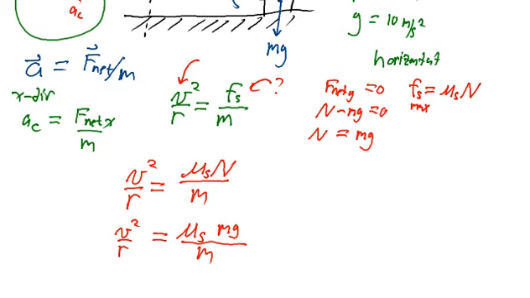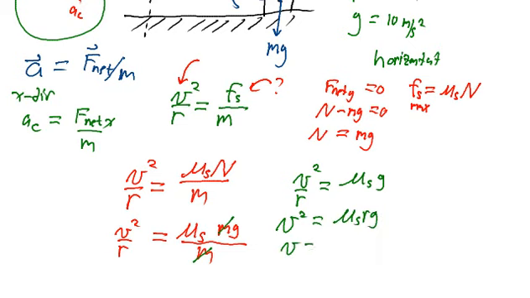And you notice that the masses cancel out in the numerator and the denominator. So I have v squared over r is equal to mu s times g. And if I solve this for v, I get v squared equals mu s r times g, or v is equal to the square root of mu s r times g.